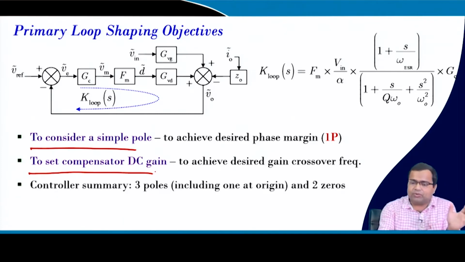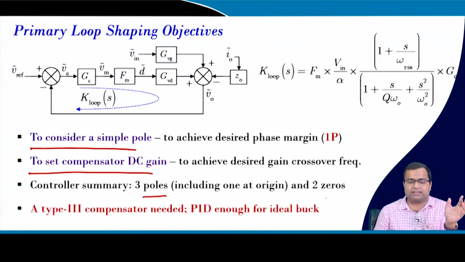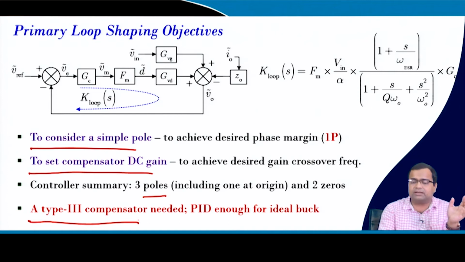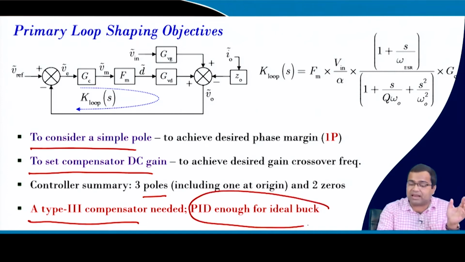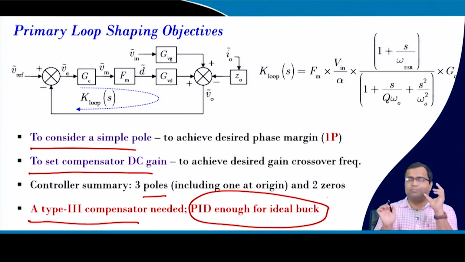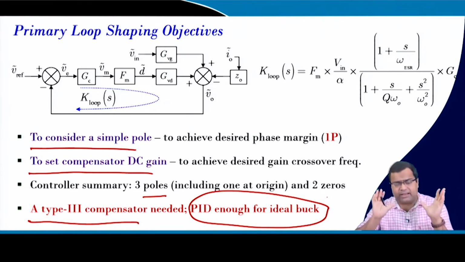So, we need 3 poles and 2 zeros, and this is nothing but type 3 compensator, and PID controller may be enough for ideal buck, but for practical buck we need a type 3 compensator.